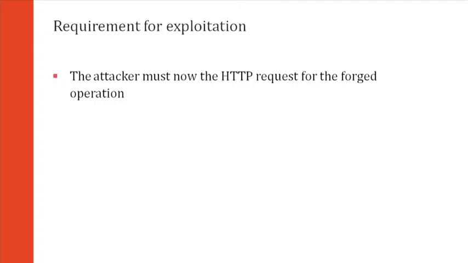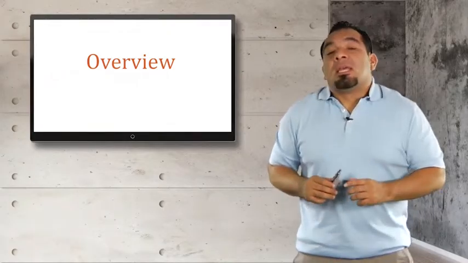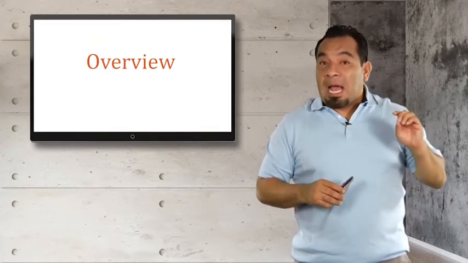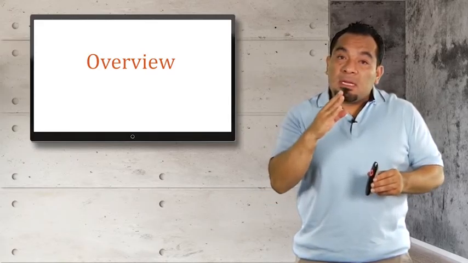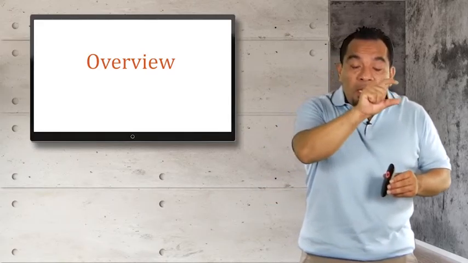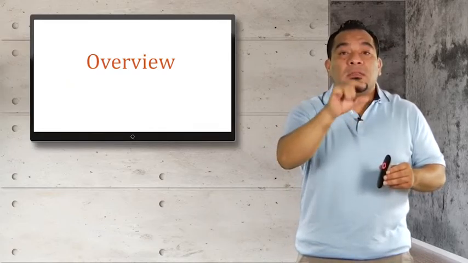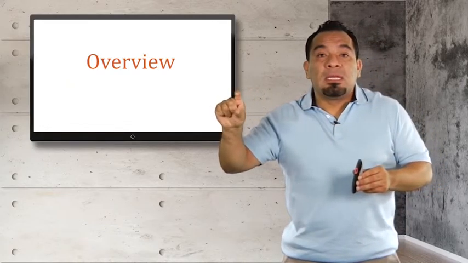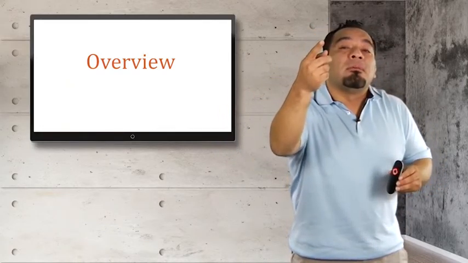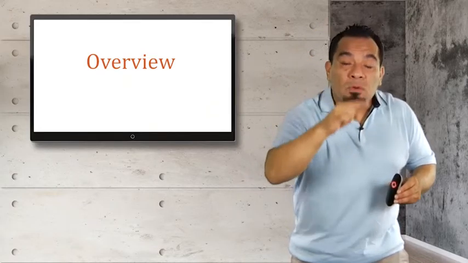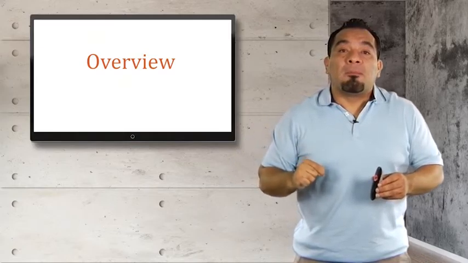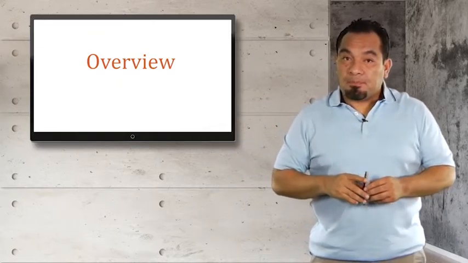He needs to know the specific request to make a money transfer in that specific bank. That means the attacker must have an account in that bank. He needs to understand the traffic, and he needs to come up with the right operation, in this case, the right HTTP request, which needs to be sent by the browser to the website, online banking in this case, in order to perform a money transfer.